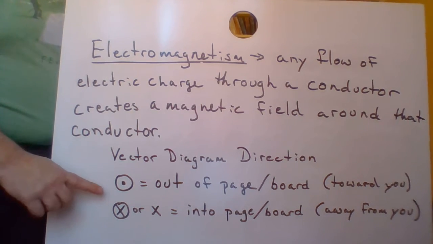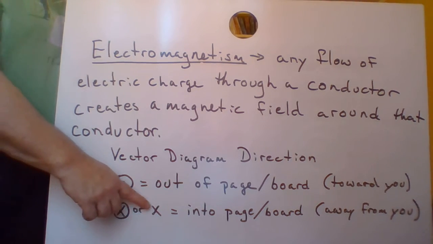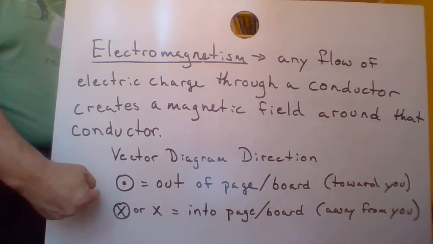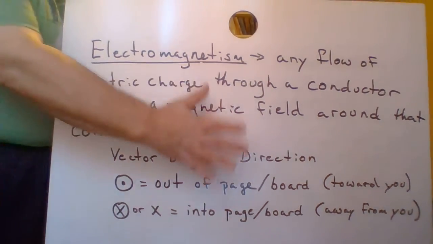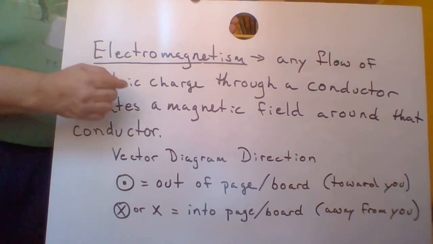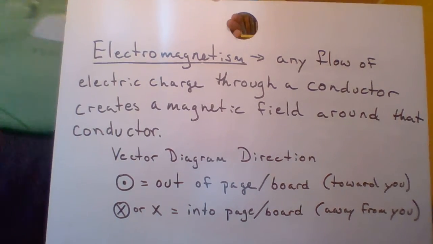Do you see? You see the feathers. All right. And so think of the X as the feathers of the arrow going away from you. And so that's how we're going to use three-dimensional vector notation to talk about electromagnetism when we picture it on a two-dimensional sheet of paper. Okay?